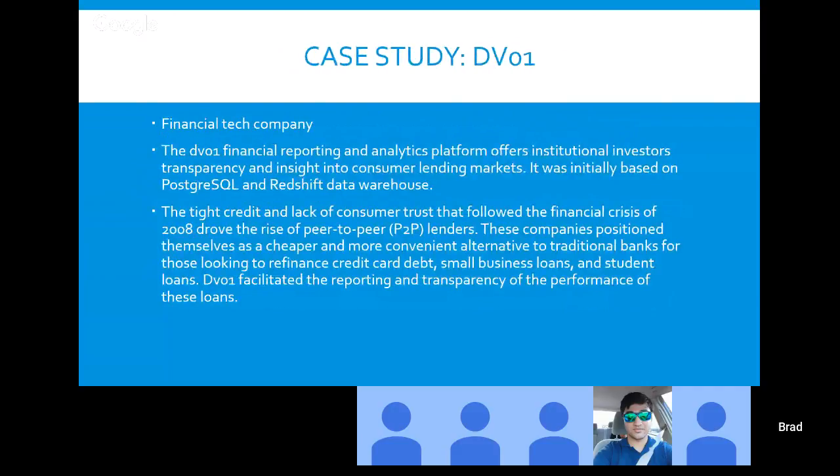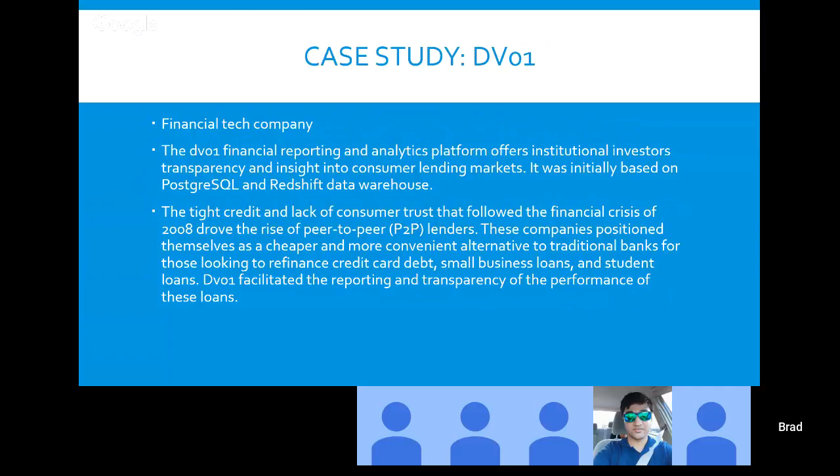DB01 is a financial tech company. Their primary platform is a reporting software that is used across the financial industry. In lending markets, they saw a significant amount of growth after the 2008 real estate crash.